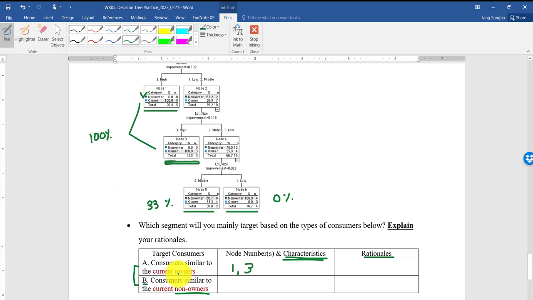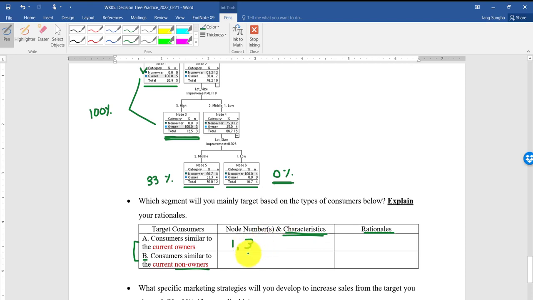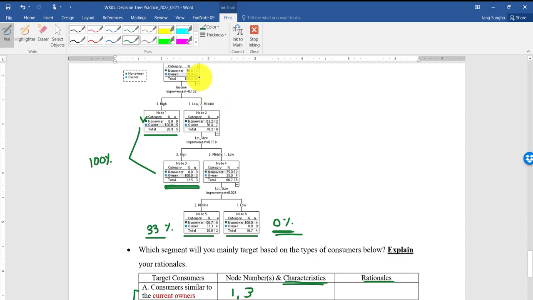Therefore, you may want to target potential consumers who are similar to the current non-owners. Let me write down the node numbers first, node 5 and 6, because their ownership rate is lower than the total ownership rate, 50%.